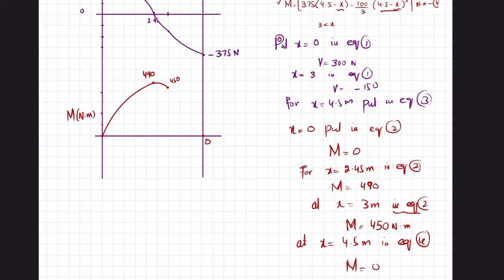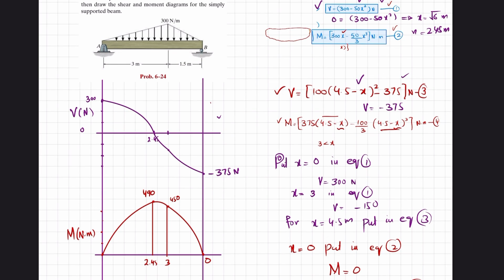This should not be a straight line, so it will be like this one. So you can see that this is a length of 2.45 meter. This is a length of 3 meter, and the total length is 4.5 meter. So this is the bending moment diagram. This is the shear force diagram, and this is the bending moment diagram.